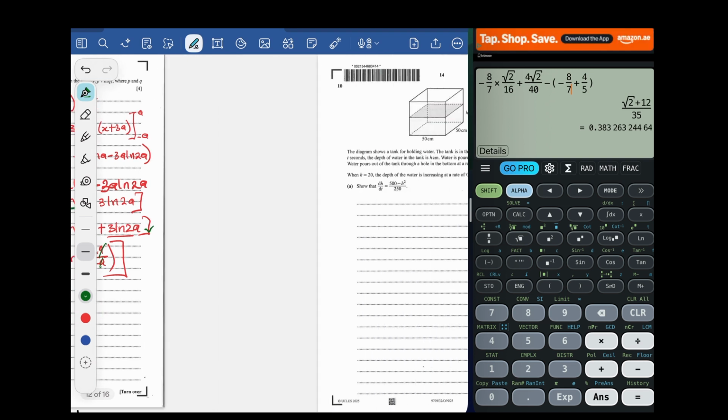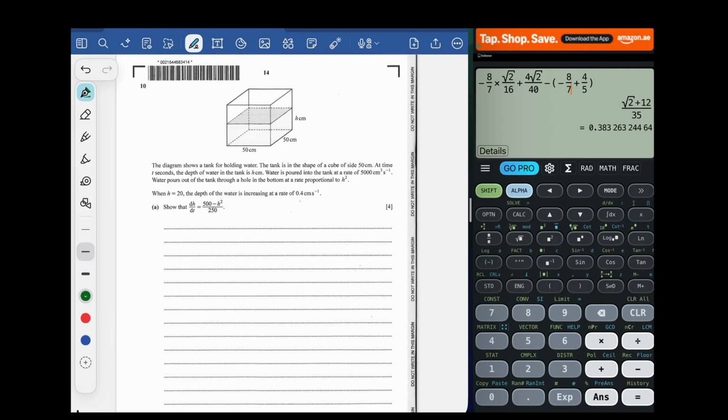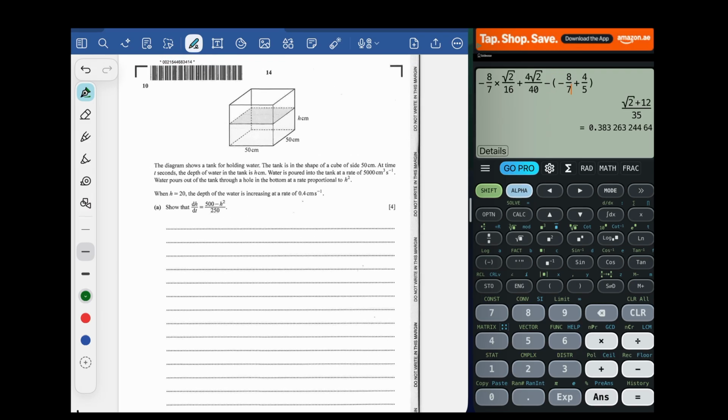All right. Okay, now we have number 10, which is rate of change. You actually studied this in AS, so this can come out in your AS paper also, because it's the same concept, just something different.